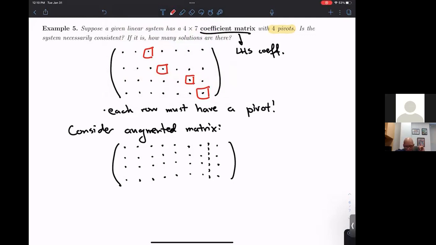If I copy and paste the pivots I had for the last case above, down here, the observation we can make is that because the coefficient matrix already has 4 pivots, there's no way for there to be a pivot in that last column, right? There are already 4 rows and 4 pivots, even within the coefficient matrix.